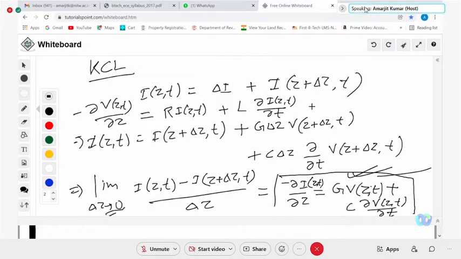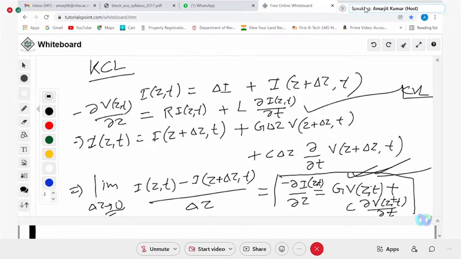So here we have one equation from KVL. The question is how to solve these two partial differential equations, because they are functions of both time and z.